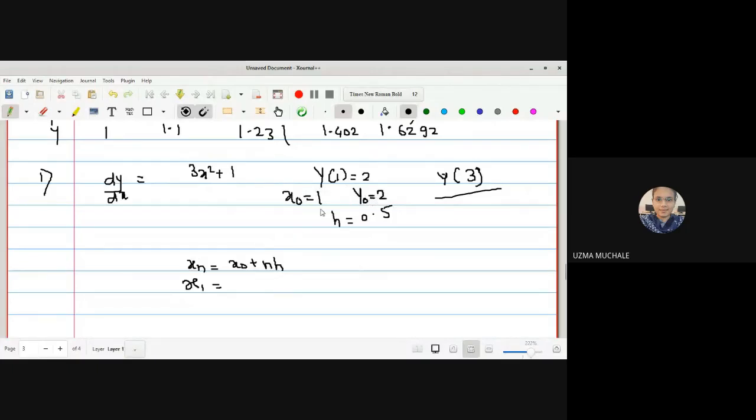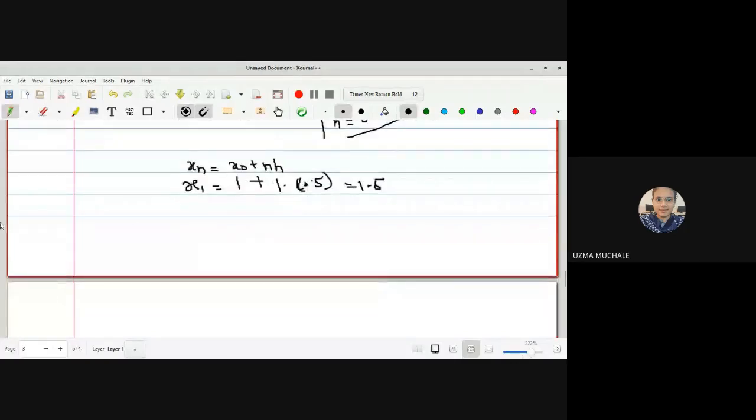We have to use the condition h is 0.5 and we have to go up to x equal to 3 to find the value of y. x1 is 1 plus 1 into 0.5, so we get 1.5.